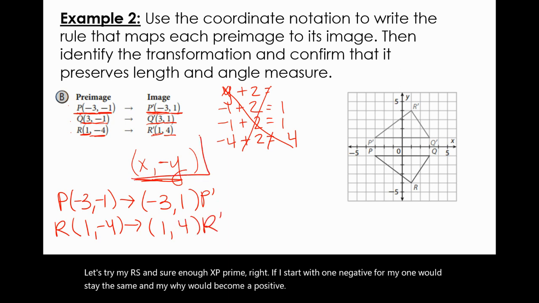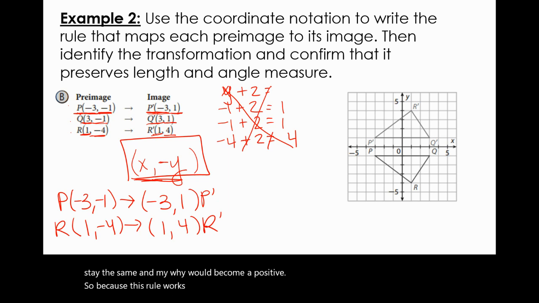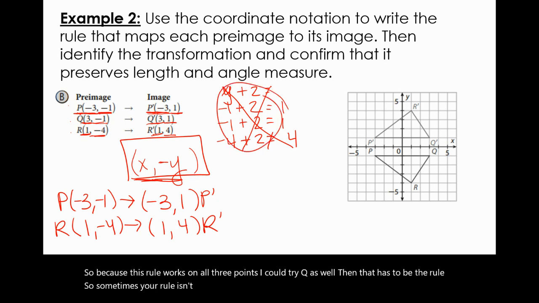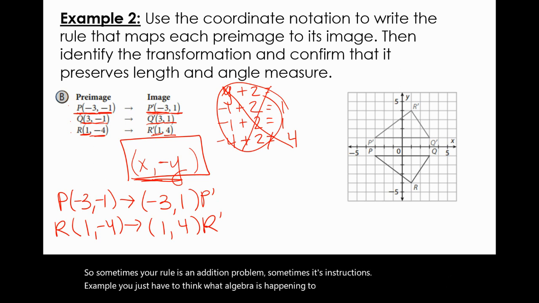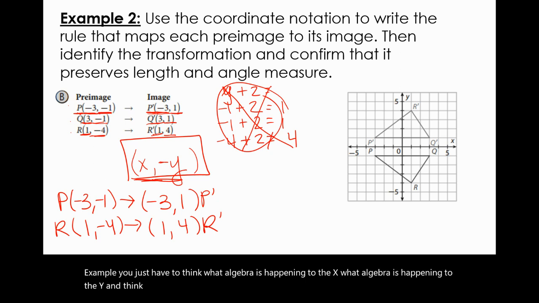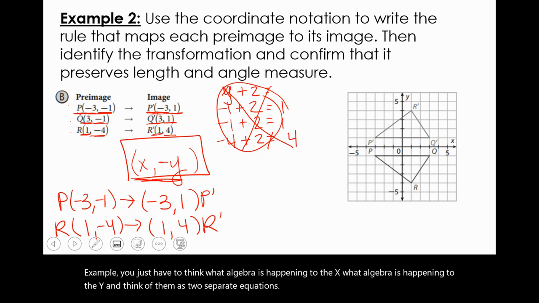So because this rule works on all 3 points, I could try Q as well, then that has to be the rule. So sometimes your rule is an addition problem. Sometimes it's subtraction. Sometimes it's multiplication, like in your last example. You just have to think what algebra is happening to the x, what algebra is happening to the y, and think of them as 2 separate equations. Now it's your turn to try one.